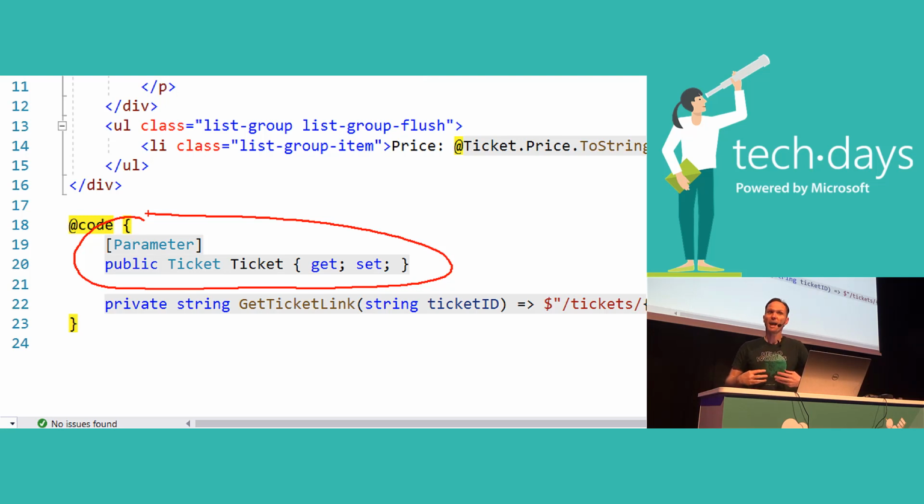So if you have an allergic reaction against code and DOM mixed in the same file, wait a few more weeks or months, and then you will get .NET Core 3.1, and then you have partial classes, and then you can put this code into a separate file, and everything is good again.